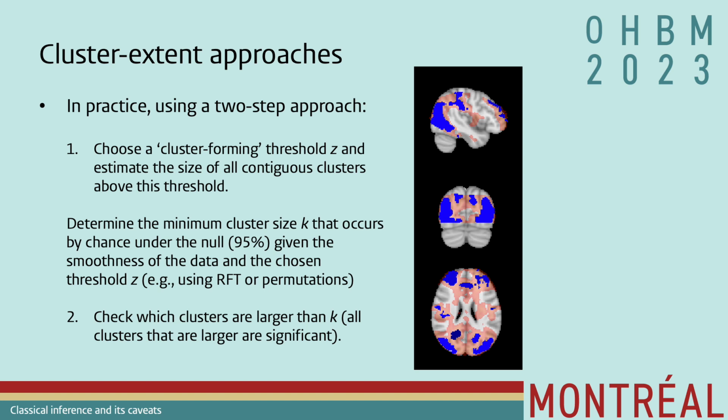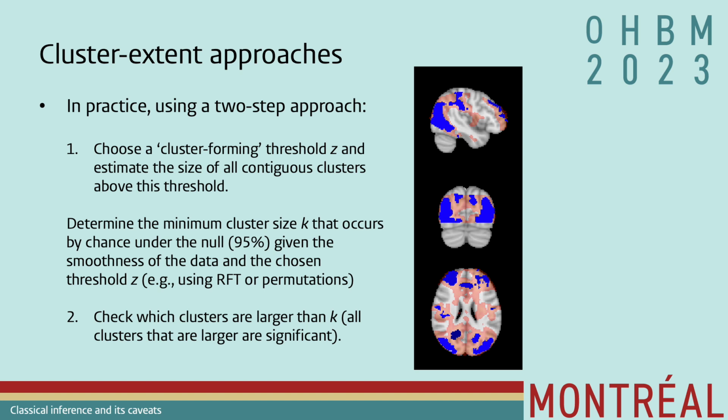Then we have to determine the minimum cluster size K that can occur by chance under the null hypothesis in 95% of cases, given the smoothness of the data and the chosen threshold Z. This is important because this is where we will base our significance test on. We can do this, for example, using random field theory, or using permutations.